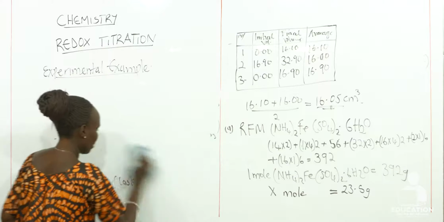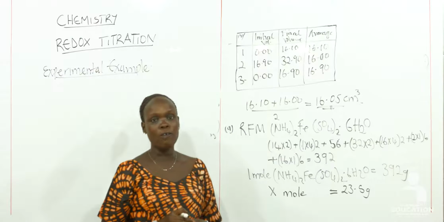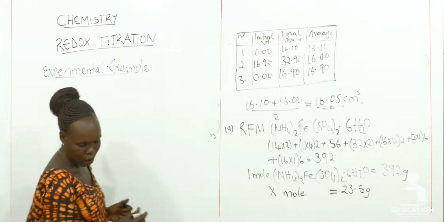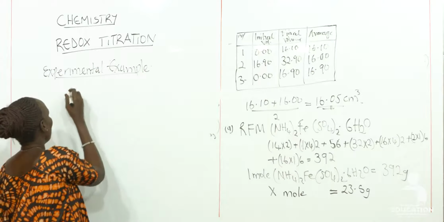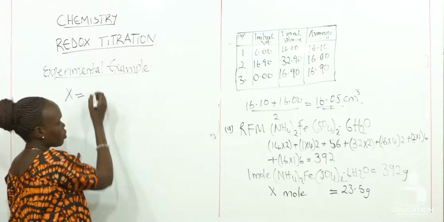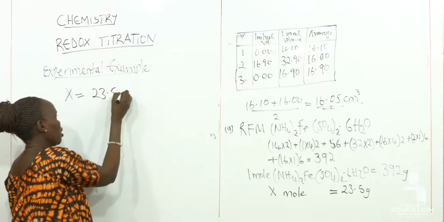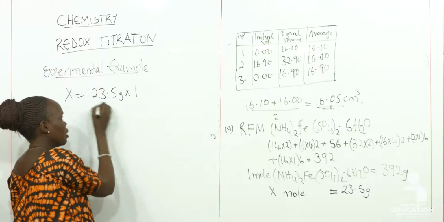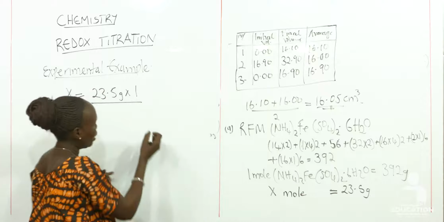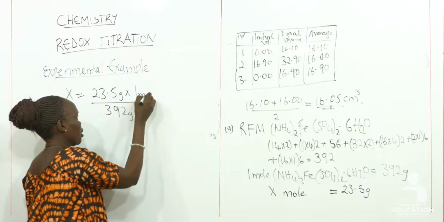Here when we cross multiply, we shall have a value, and this value will be the moles of ammonium iron sulfate. So X will be equal to 23.5 multiplied by 1, then we divide by 392 grams.